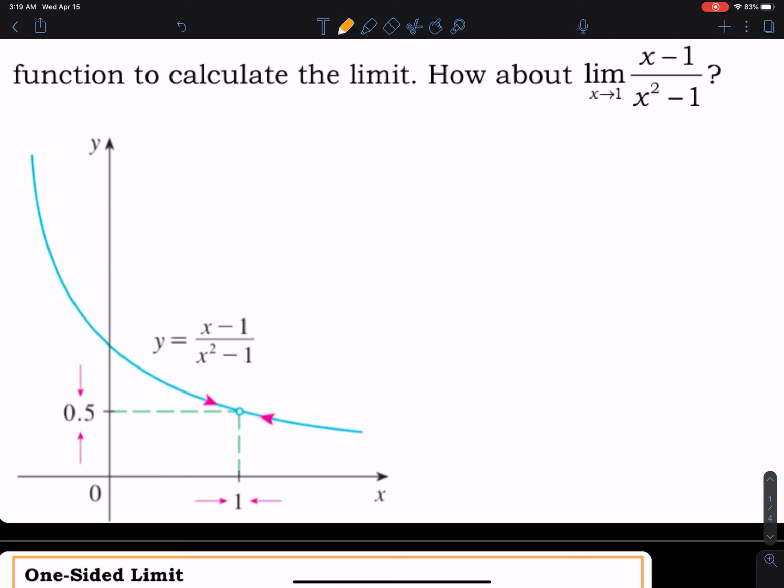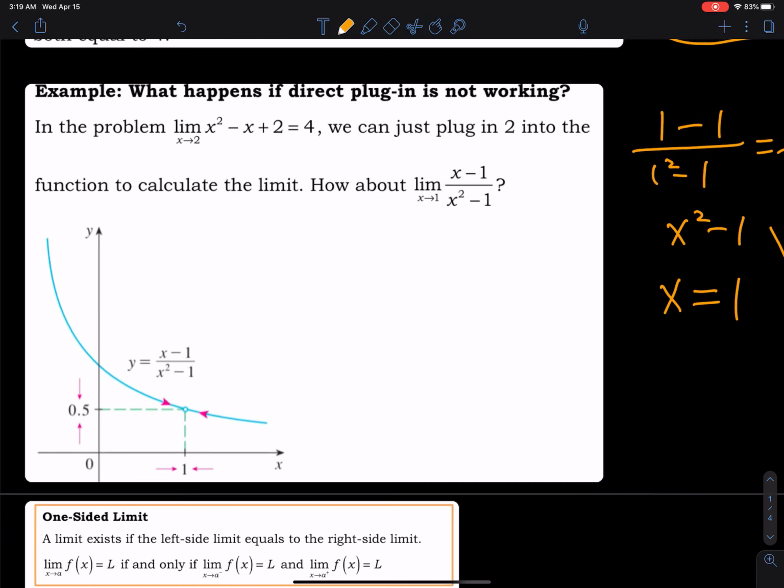So in this problem, the direct plug-in is not working. So what you have to do is some algebra. We start with the limit as x approaches 1. And then this, we want to simplify. It's not really simplify. We want to factor the denominator: (x minus 1)(x plus 1), and then you get rid of the x minus 1, right?